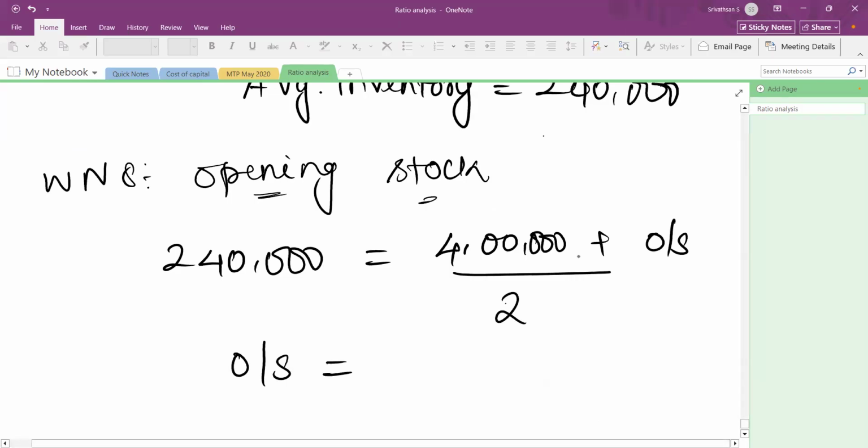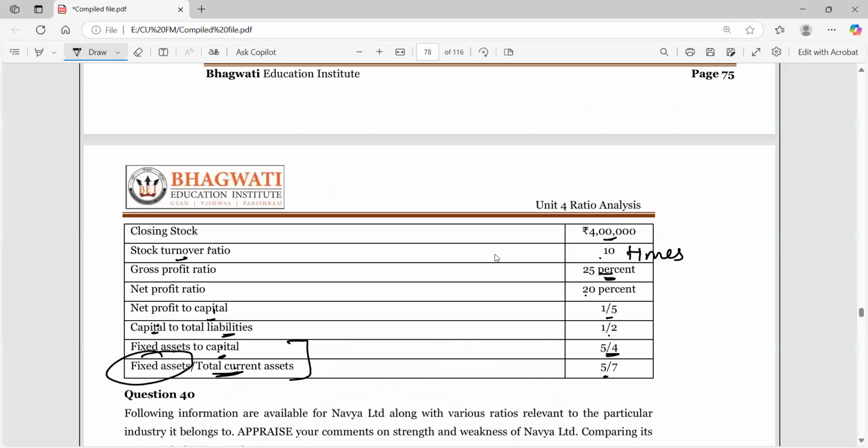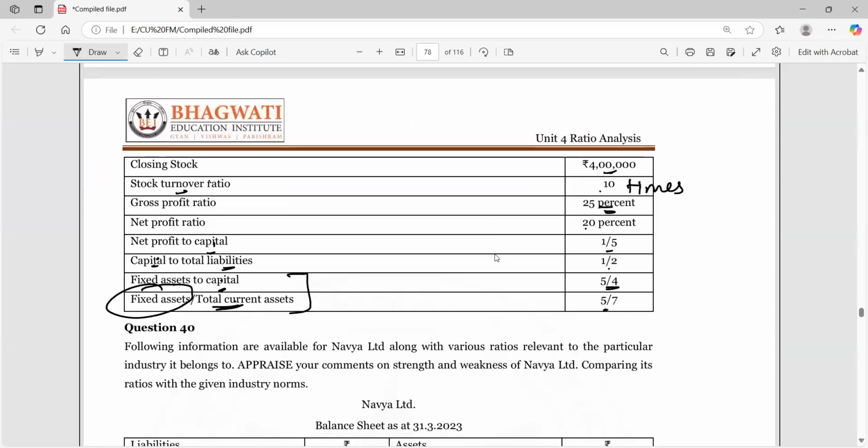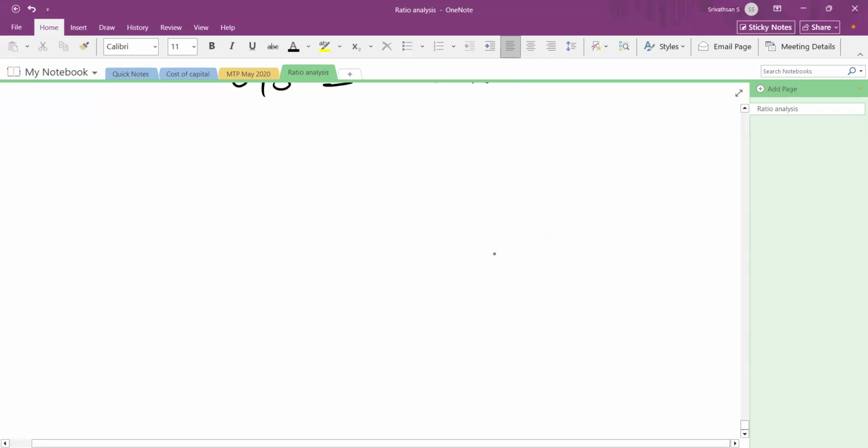What is opening stock? Clear so far? Next we have nothing. Okay. Do we have all the relevant information for calculating P&L? Yes. Opening stock, COGS. Yes. Now we can do the trading account, trading and P&L account.